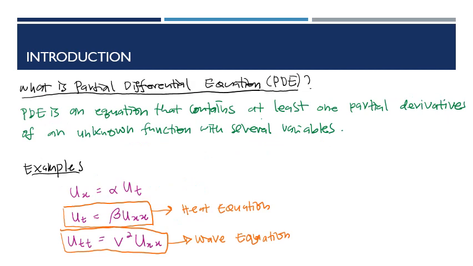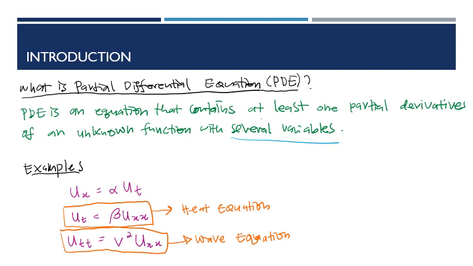Okay, just now we have partial derivative. Now we have partial differential equation. In this first chapter, remember we have learned about ordinary differential equation. Now we have partial differential equation. So what is it? A PDE is an equation that contains at least one partial derivative of an unknown function with several variables.